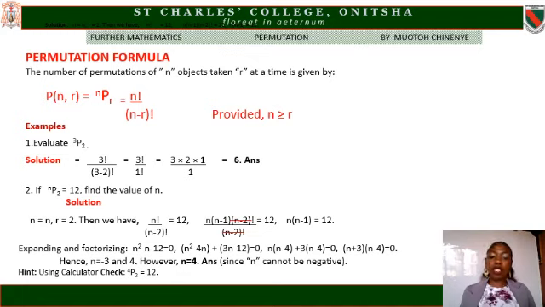Remember, we chose minus 4 and 3 to replace minus 1 as the coefficient of n in the question, because minus 4 plus 3 will give us minus 1 as the coefficient of n, and minus 4 times 3 will give us minus 12 as the last term. Then when you simplify further, we are going to have n as minus 3 and 4. However, n must not be negative. Then we have our value of n to be 4.